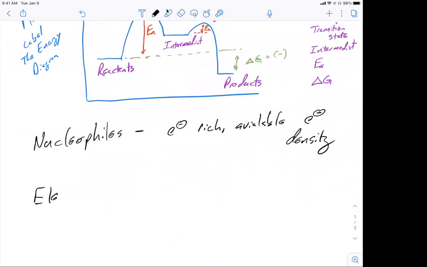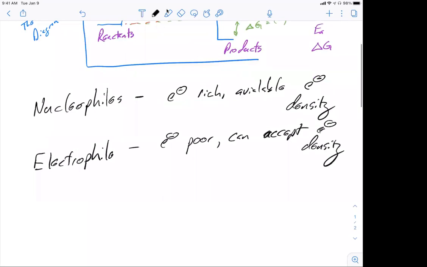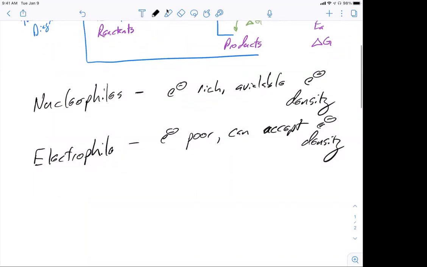And the electrophiles are electron poor, and can accept electron density. That one's going to be important for a couple of species where they look like they should be electrophiles, but they can't actually accept any electron density.